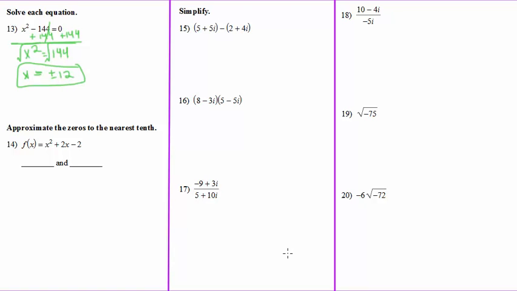And then remember how we find zeros. We go to second trace and we pick 0. And then it asks us 3 questions. It asks us for a left bound, a right bound, and then it asks us to guess.